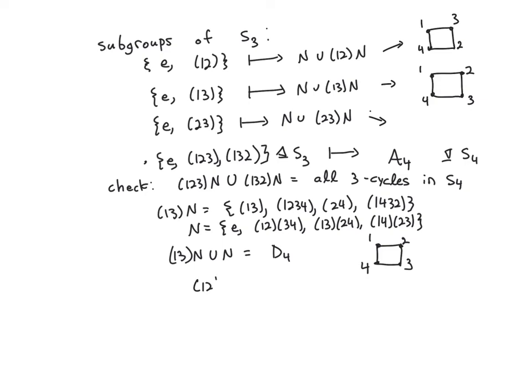Because (1 2)N ends up having (1 2 3 4), (1 3 2 4), and (1 4 2 3). And so you start to see these are the clockwise and counterclockwise rotations. They just look a little weird because you've labeled the square incorrectly.